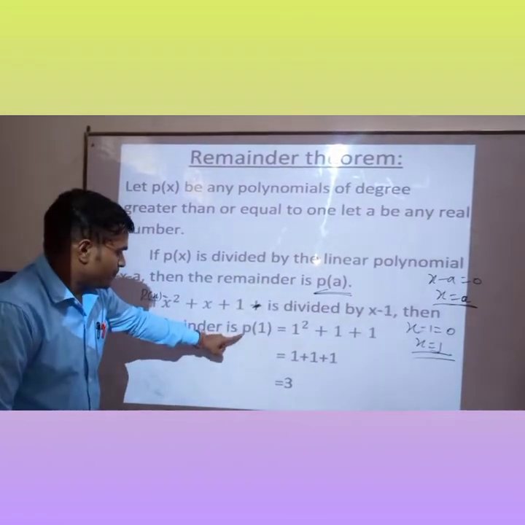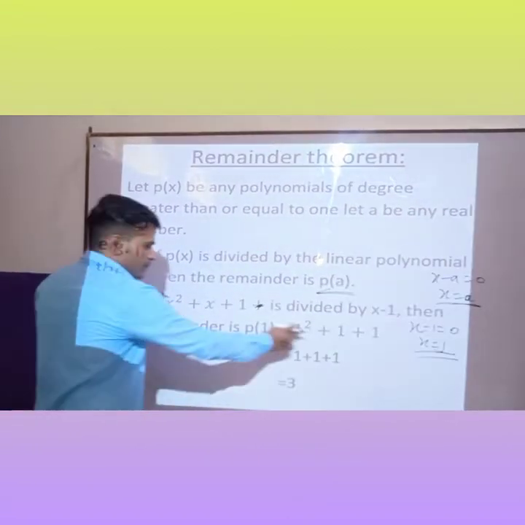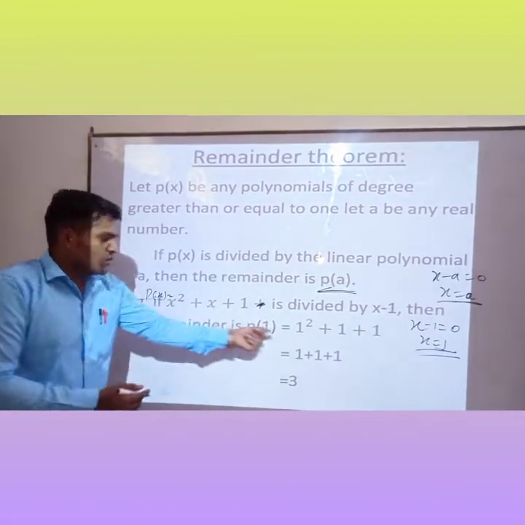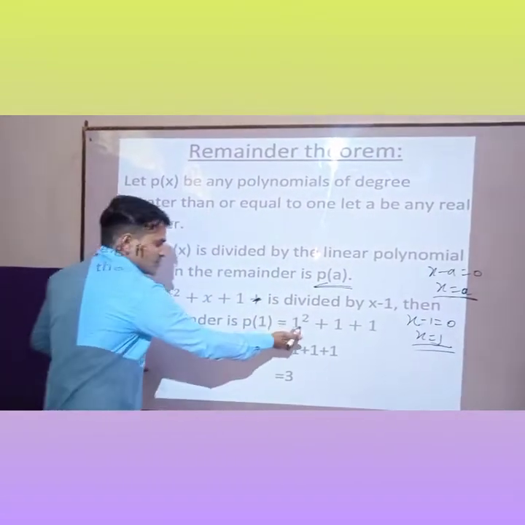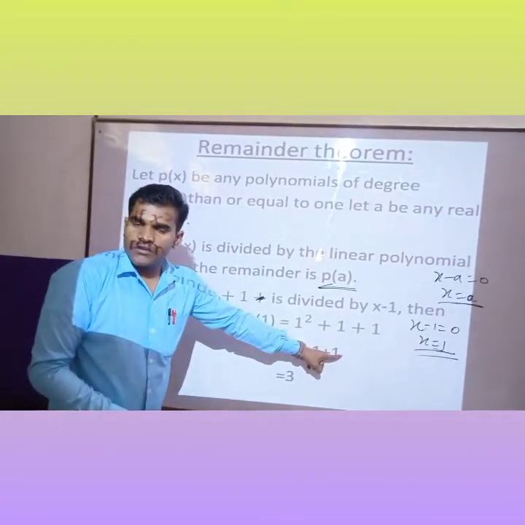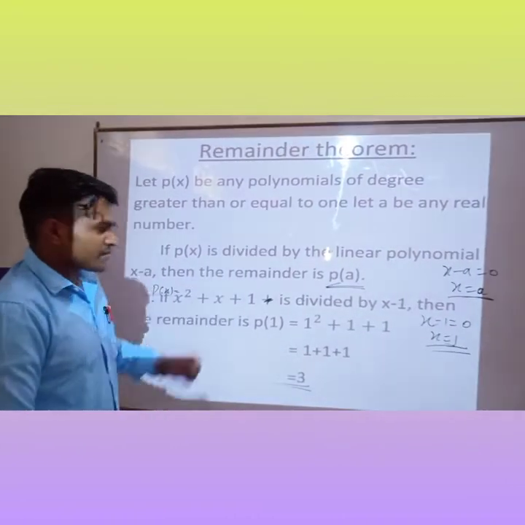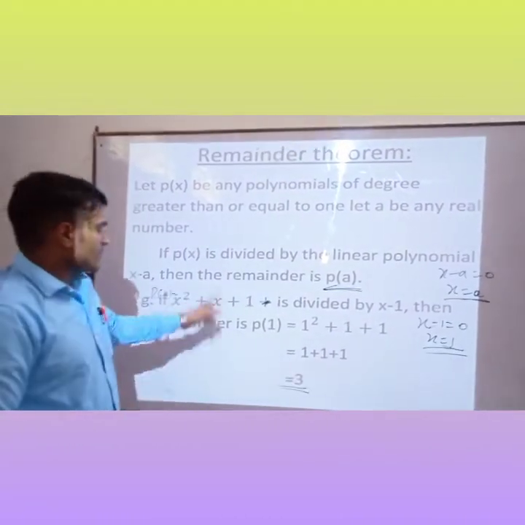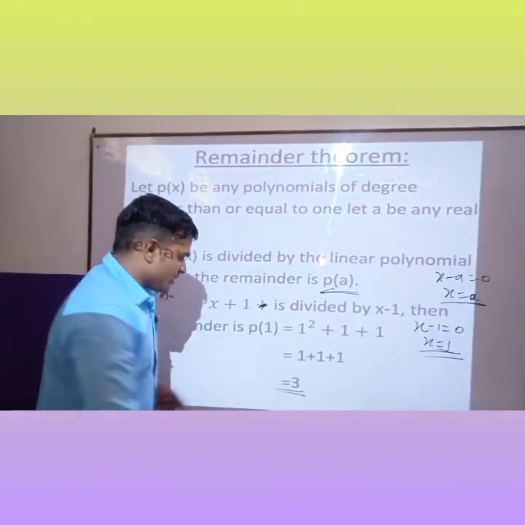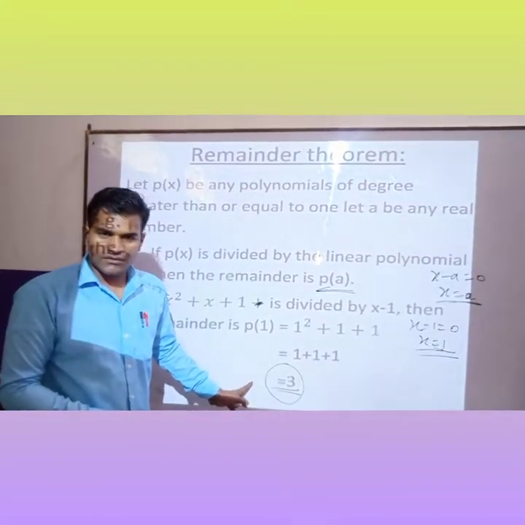So P(1) is equal to 1 square plus 1 plus 1, meaning replace x by 1. 1 square is 1, and 1 and 1, we add them and we get 3. So when we divide x square plus x plus 1 by x minus 1, we get 3 as the remainder.